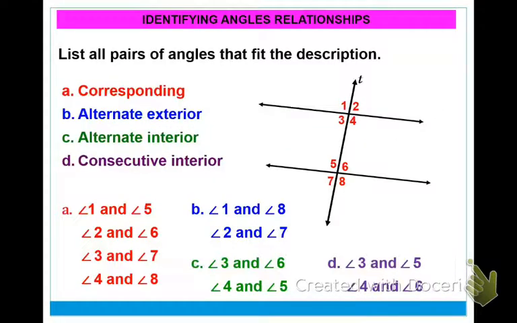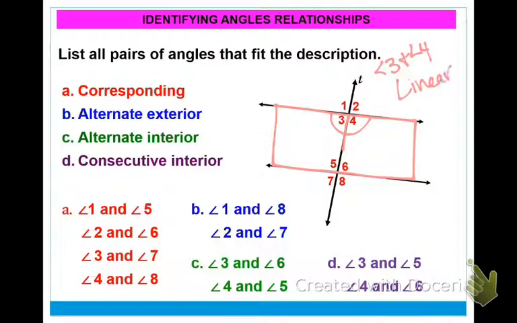Oops, sorry. You can flip, but I'm going to ask an extra question. I saw this on the Kahoot a lot. So most people thought 3 and 4 were consecutive interior, but they are not. Can anybody tell me what they are? They're a linear pair.